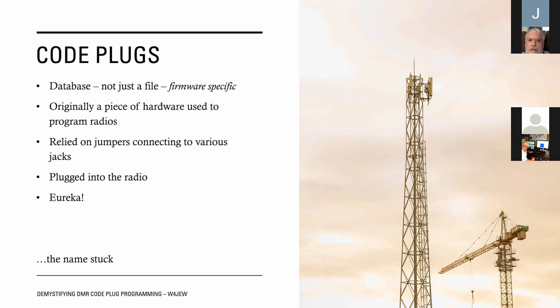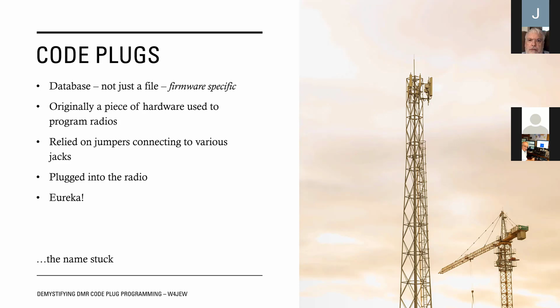If you try to use an older version of CPS with a code plug that's for newer firmware and meant for newer CPS, you probably won't even be able to open it. You'll probably get an error message. Some of the better software will actually tell you why.